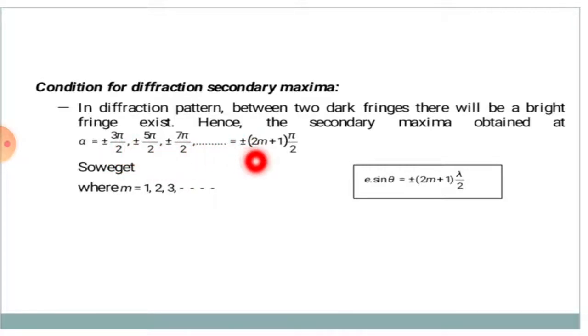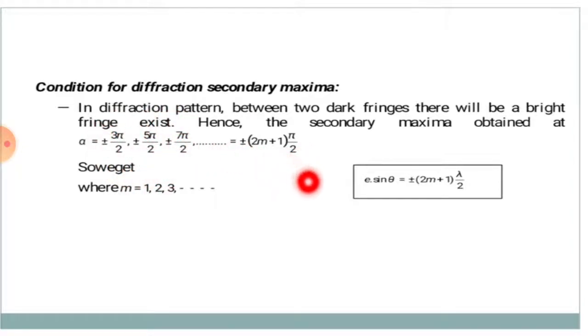It will give the odd multiples of half wavelength. In the diffraction pattern, we will get minimum intensities at pi, 2 pi, 3 pi and so on. In between these values, we will get secondary maxima at 3 pi by 2, 5 pi by 2, 7 pi by 2 and so on.